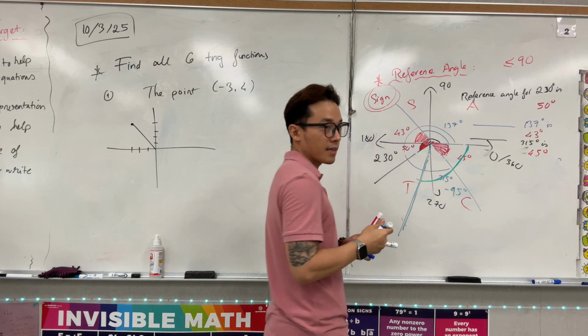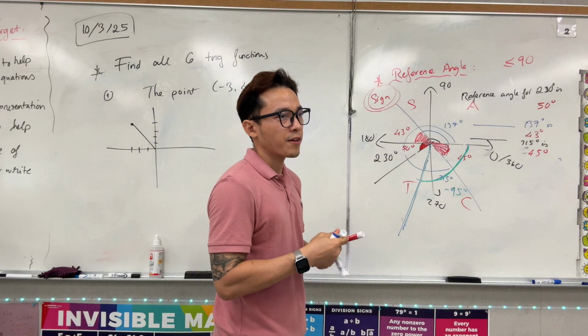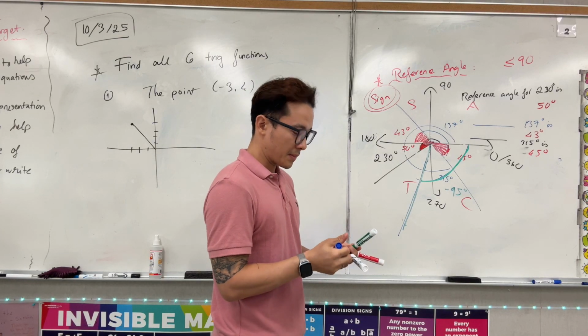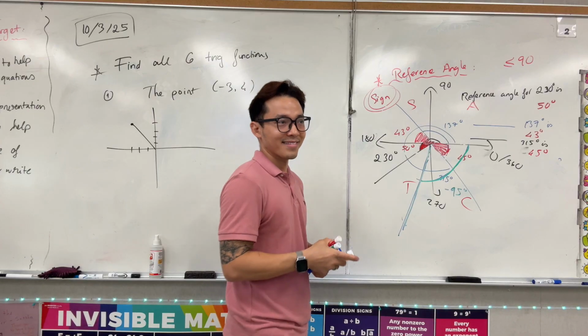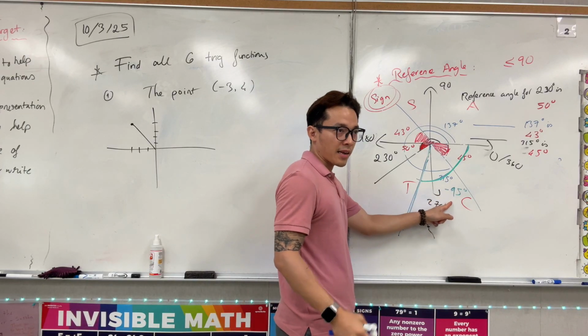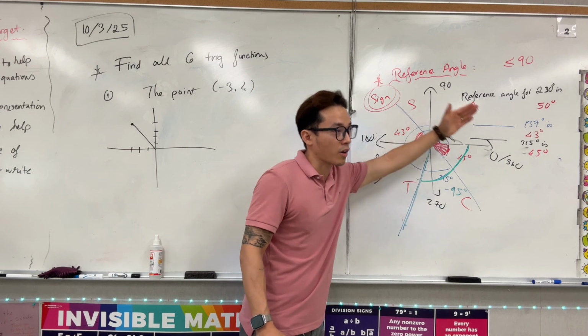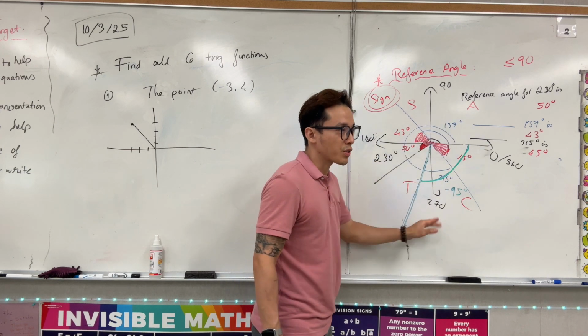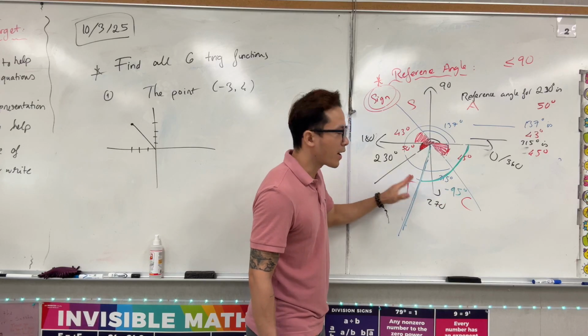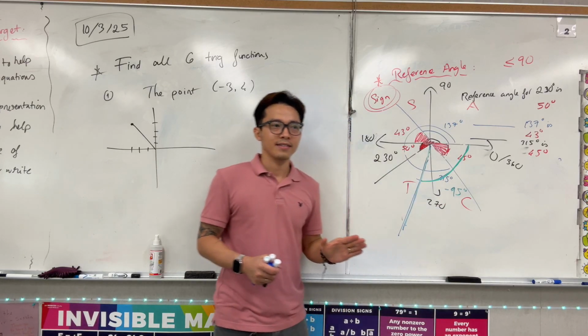Let's make it easier. Do you agree it's negative 95? Because it's negative 90, if you go clockwise, that means you go backwards, so negative. Now, negative 95, what is the reference angle?